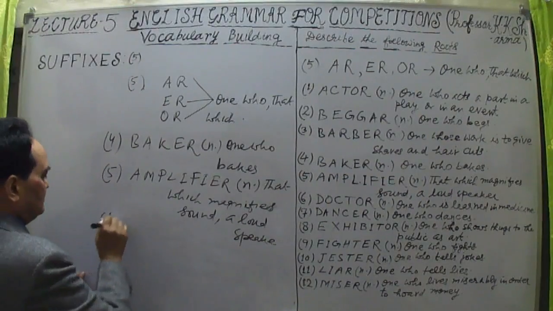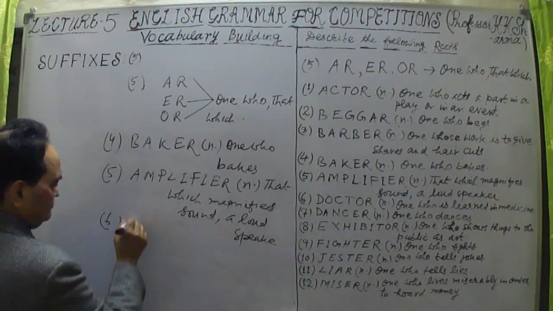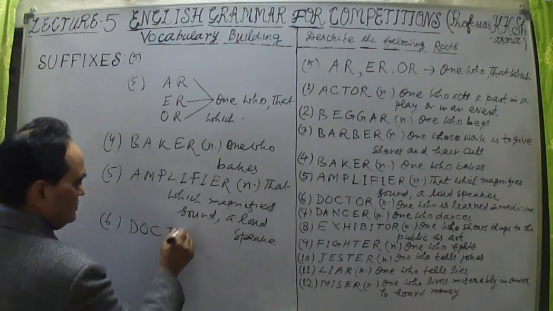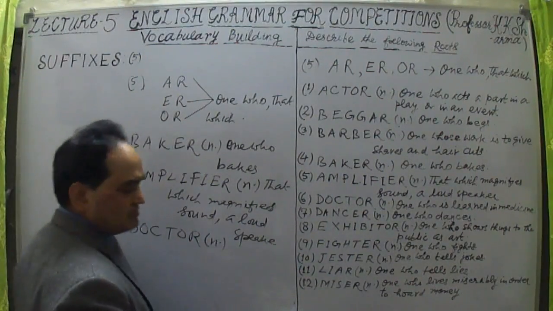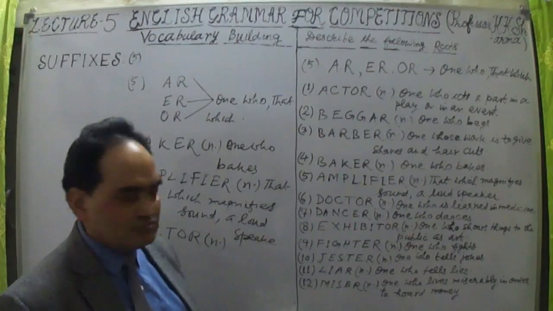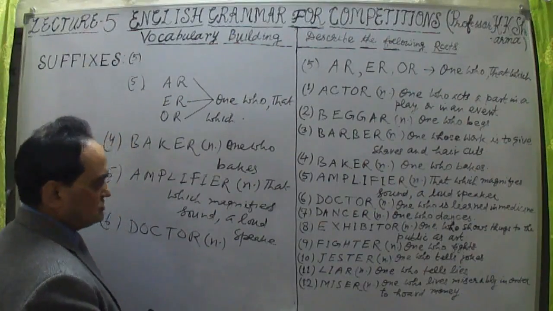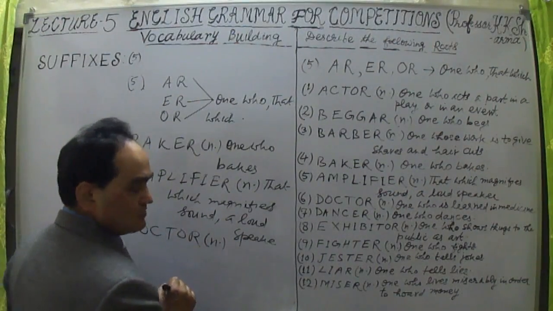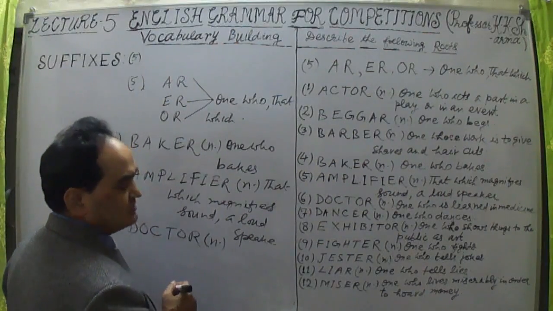Okay, now the sixth one let me talk about. The sixth word is doctor. D-O-C-T-O-R, noun again. All are nouns. These are noun-forming suffixes. That is the clear definition of this doctor. One whose profession is medicine, or one who deals in medicine, one who studies medicine.